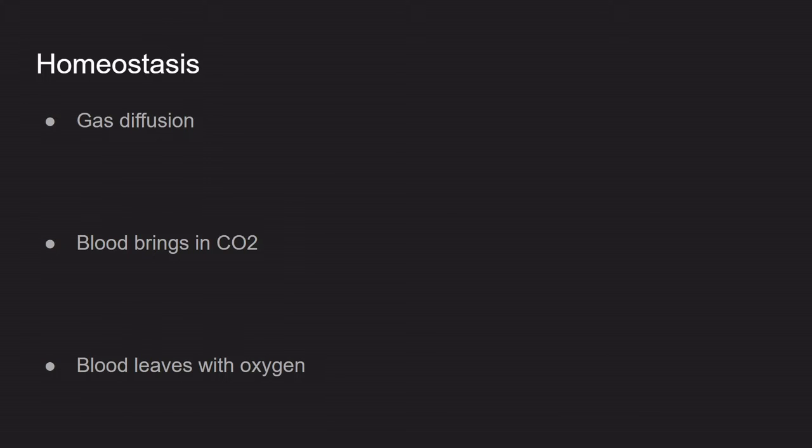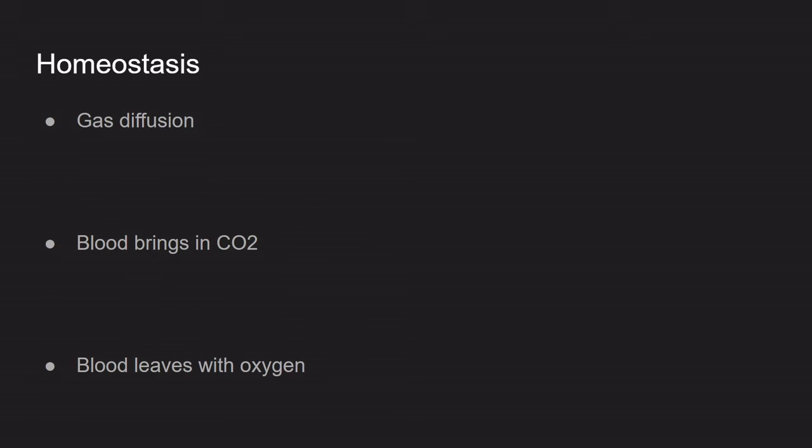Then that CO2 is released, more oxygen is brought in, and the cycle continues for your entire life, and only stops when the person is dead. This is an automatic process. You don't have to control it very much, though of course if something gets messed up mentally, that can change.